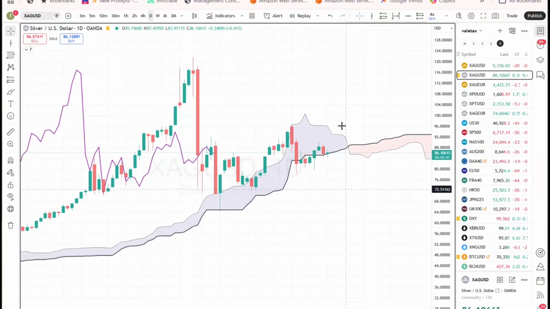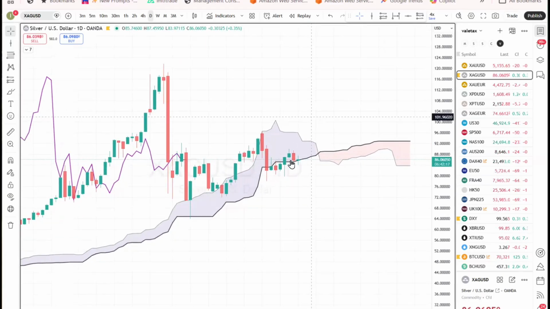If this gets above this cloud here, watch out because you could come and retest this high. And that's what we're looking at right now. Because if you notice, we did not go bearish at all. So there's still bullish sentiment here because it had a chance to go bearish and did not do it. And now it's possibly going to try to get above this cloud sooner or later.